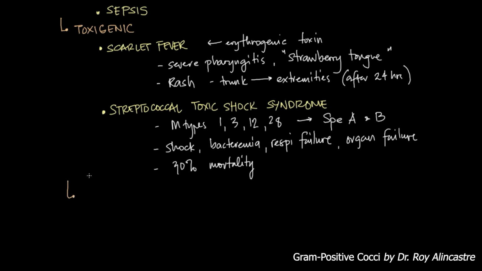Now, interestingly, even when an infection has resolved already, some patients develop nephritis or rheumatic fever around 1 to 4 weeks after the infection. So these diseases are called post-streptococcal glomerulonephritis or rheumatic fever.